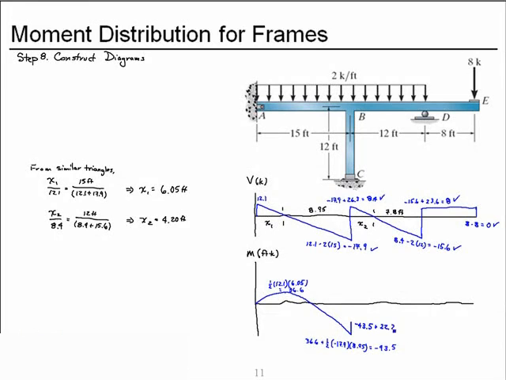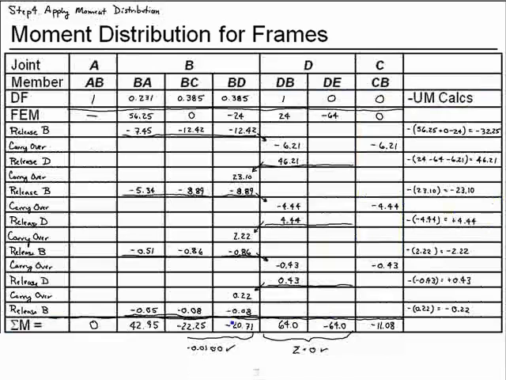And so we'll round that off to 22.2, which means we reach a negative 21.3 foot kips just to the right of node B, so MBD, which again is fairly close to what we had predicted through moment distribution.